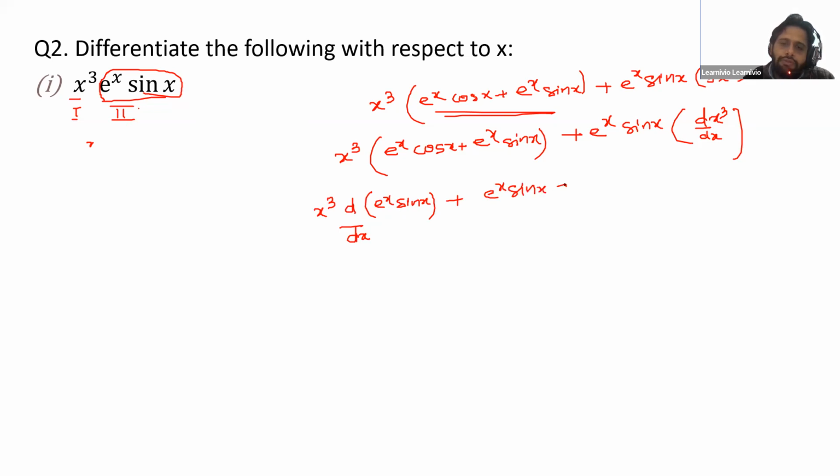We will differentiate the x cube. Now here, these are 2 functions. So again, we will apply the product rule here. Yes, sir. Okay. Because there are 3 functions, that's why we need to do this. Any doubt in this? No, sir.